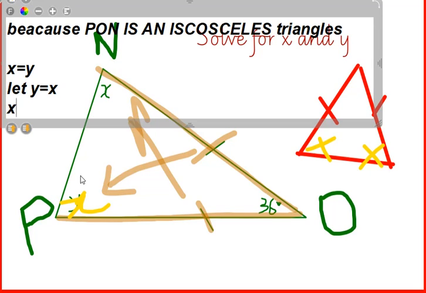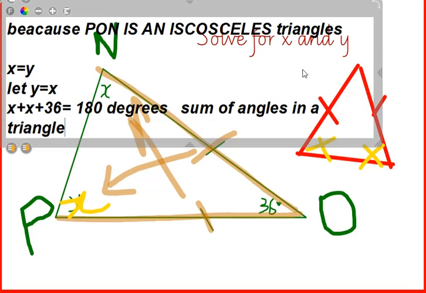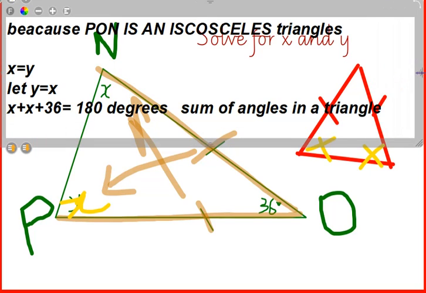Then we're going to say x plus x plus 36 is going to give us 180 degrees. So 180, and I don't have the degree sign, so I'm just going to write it in full. 180 degrees, reason: sum of angles in a triangle. Then we move on to solving for x, because we only have one unknown, which is x.